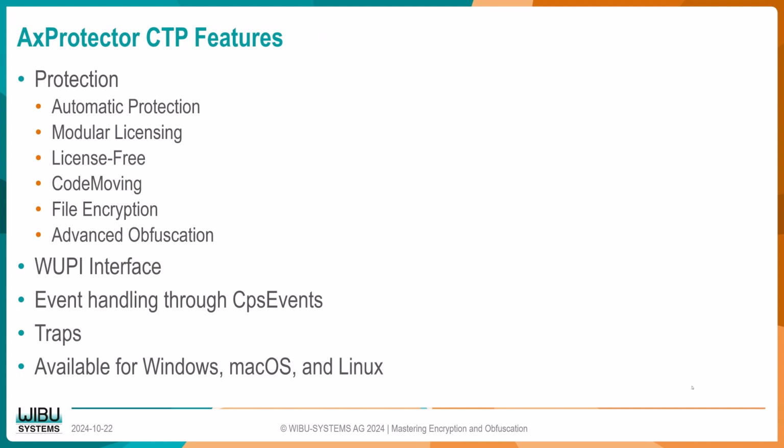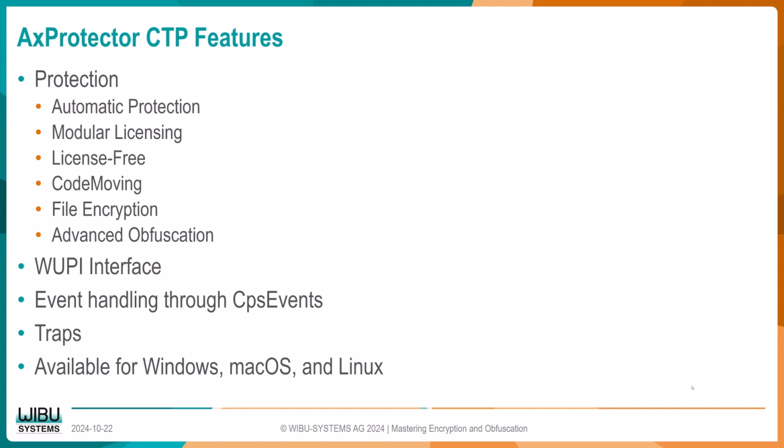Modular licensing means you have one executable, one DLL, and you want to protect different features, different functionalities in this executable or DLL with different licenses, different firm code, product code combinations. You can do the same with AxProtector Classic and AxProtector CTP. It's a little bit different in how you mark this in your application.